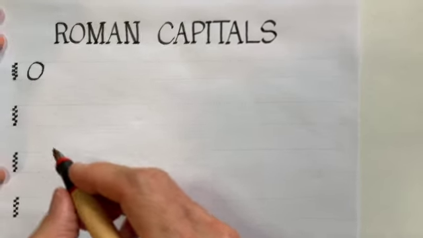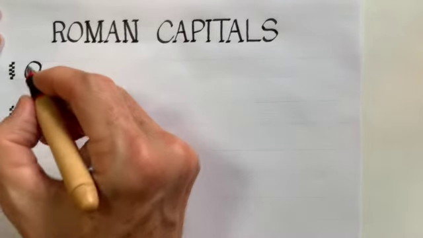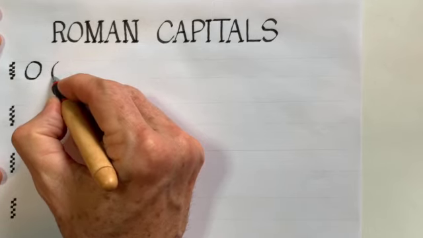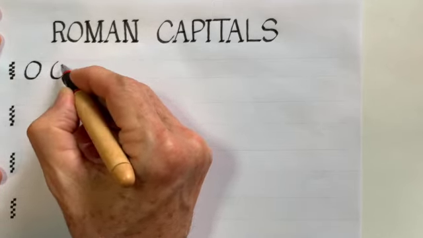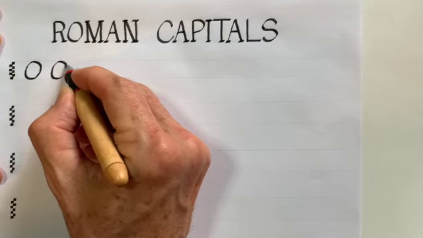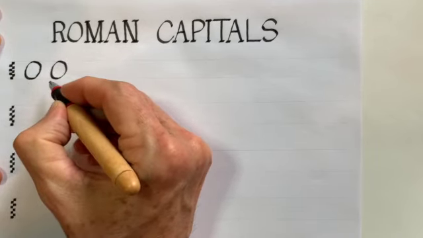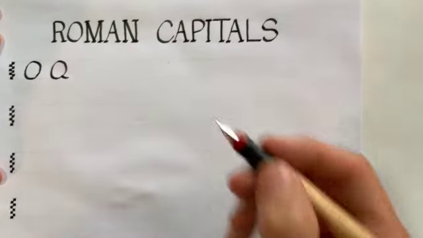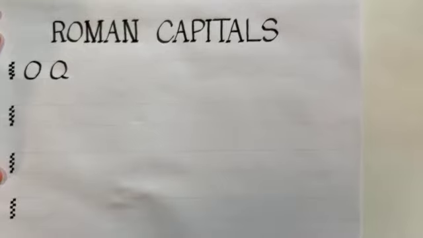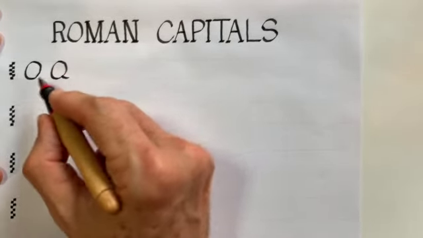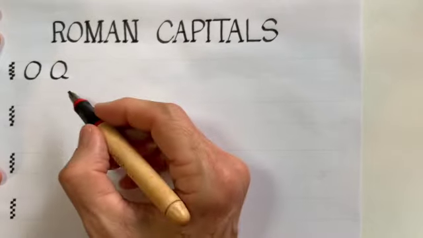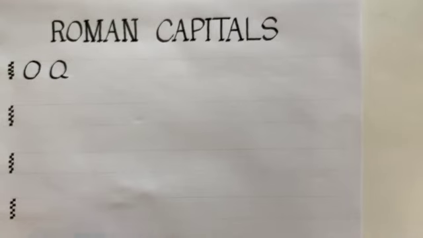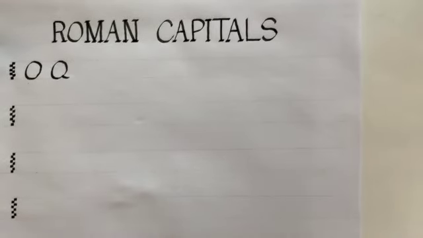The next related letter would be the Q. Now, one thing I should mention is that our nib angle is around 45 degrees. And what we're always striving for is uniformity between all the letters.